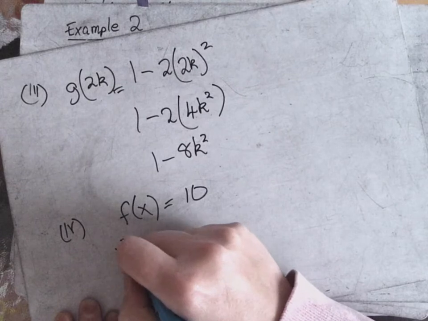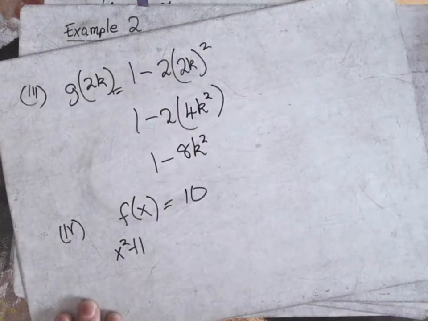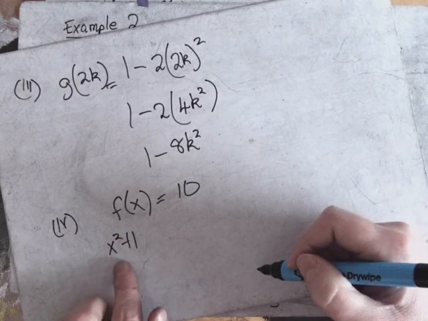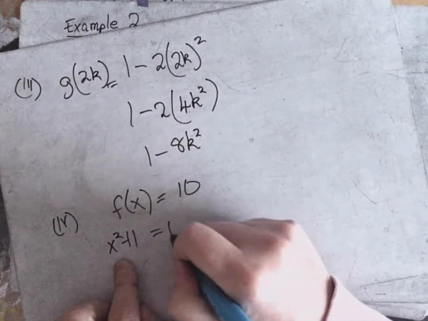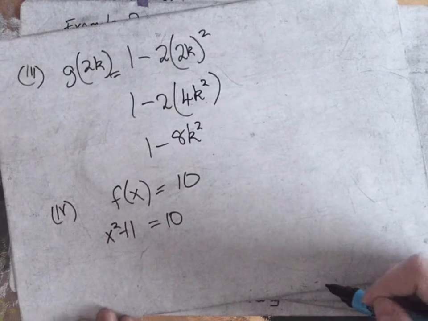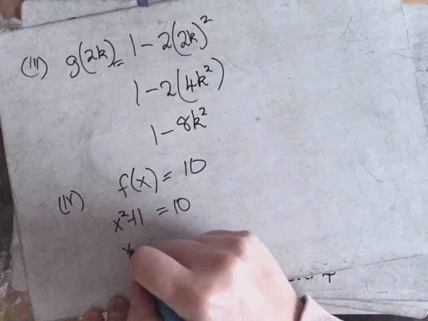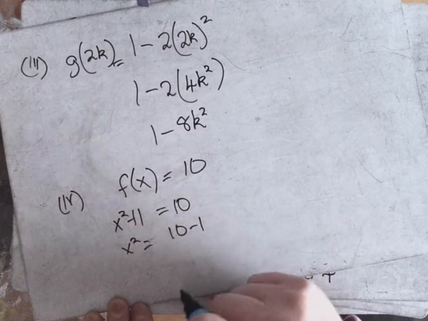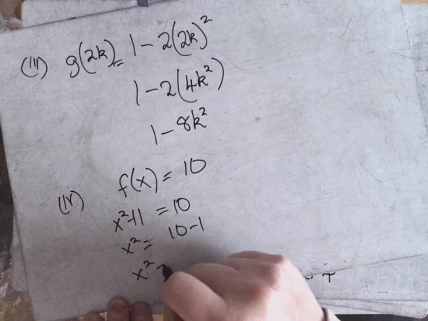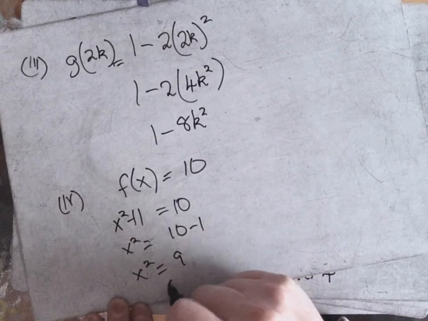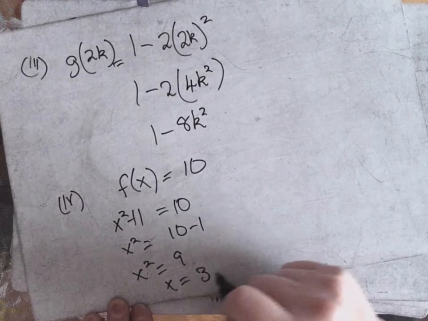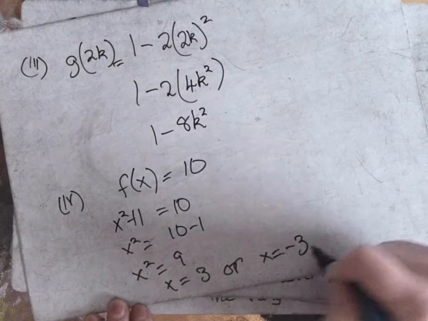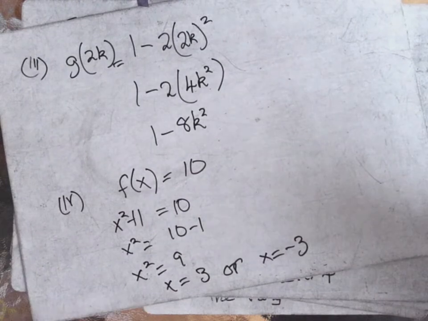So then you're solving. x squared is equal to 10 minus 1 when it comes across, which means x squared is equal to 9. What squared will give you 9? It can be 3, or it could have been a minus 3 as well, because minus 3 squared will also give you 9.